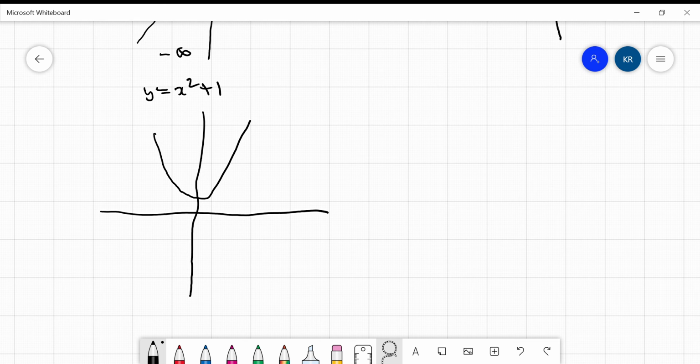So the domain goes from negative infinity to positive infinity as long as we don't put any conditions. So x is a member of all real numbers.